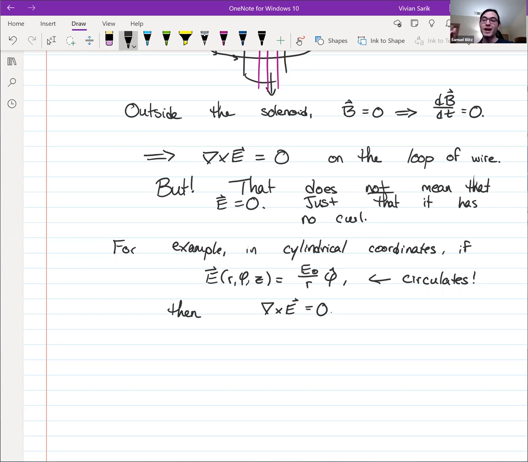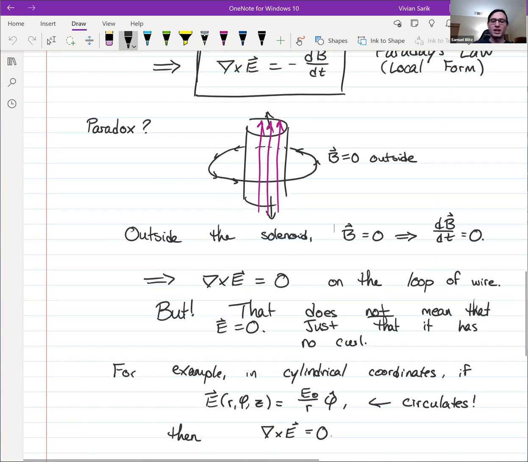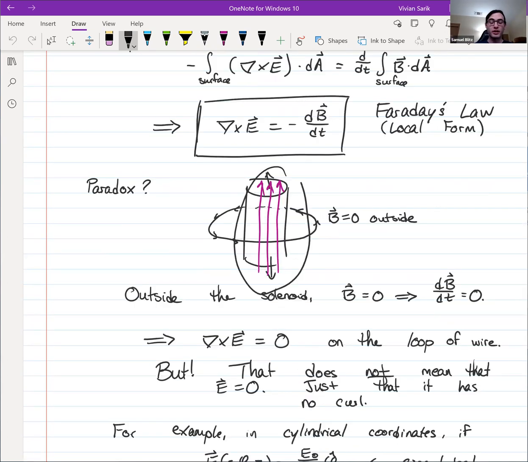And that's because you can have a curl-free electric field while still having a circulating electric field. So it's kind of magical that this magnetic field, which is actually nowhere touching the enclosing loop of wire, nonetheless still has an influence on it.